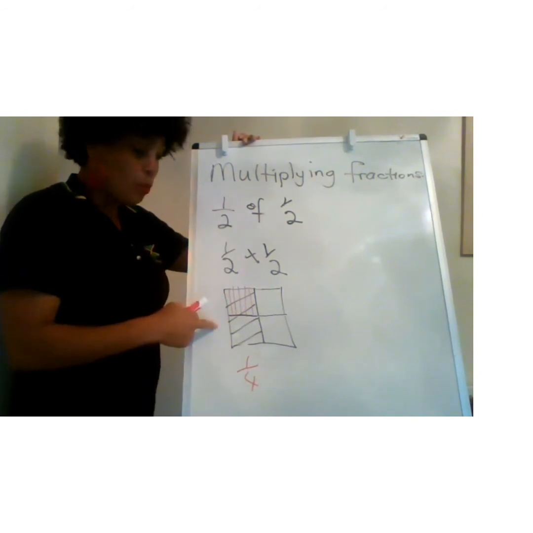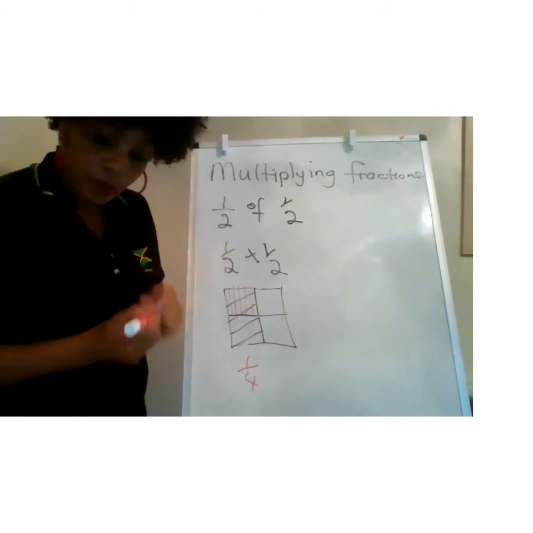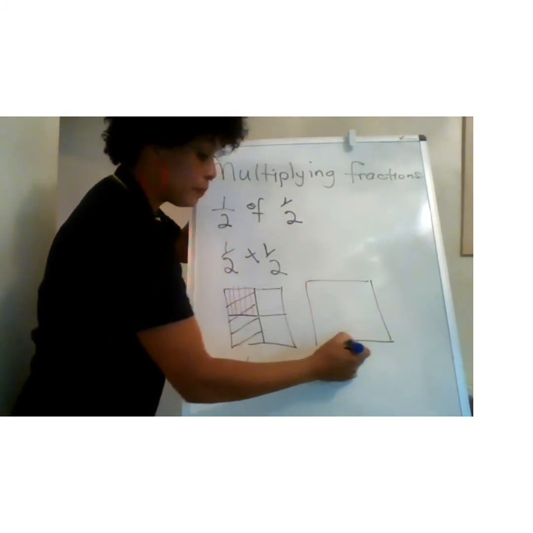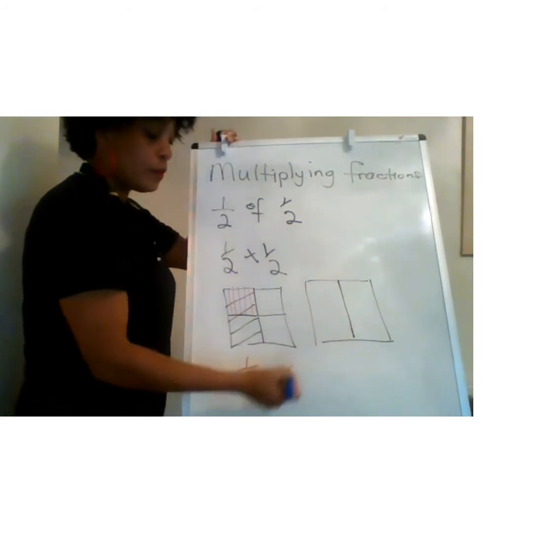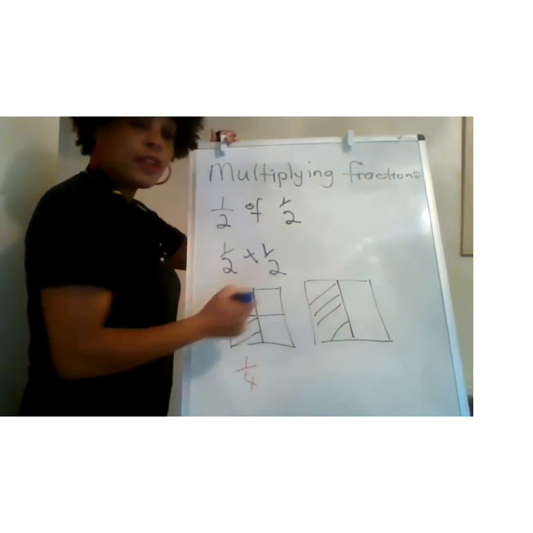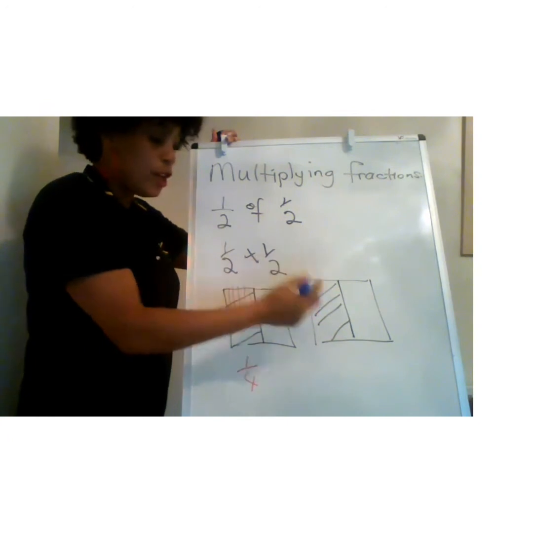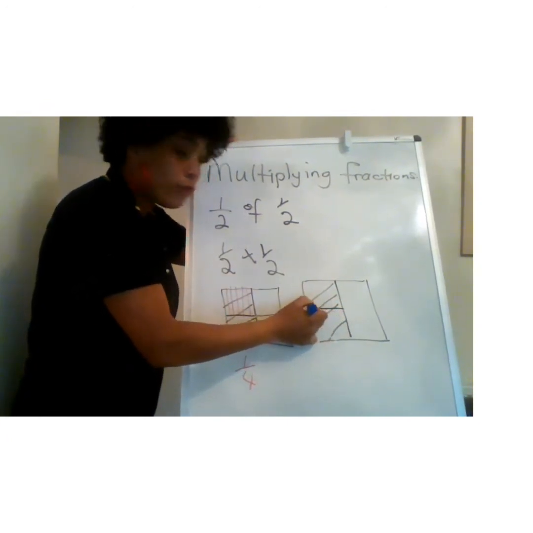So let's go back at what we did. Here, we have a half. So that's a half. And I'm asked for a half of a half, or a half times a half. So I only want a half of this.